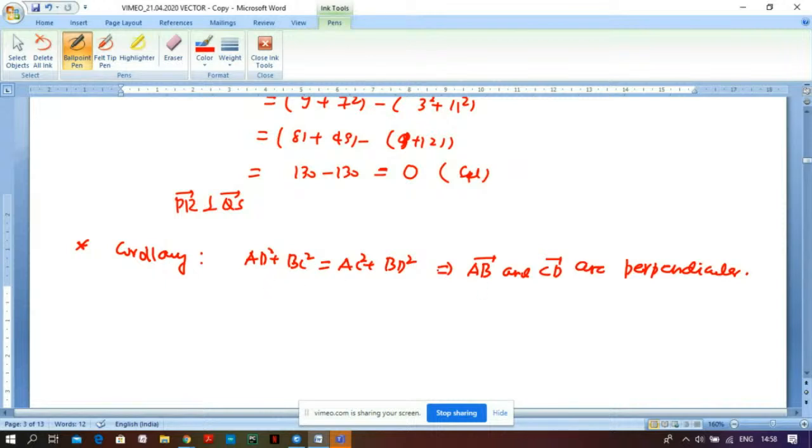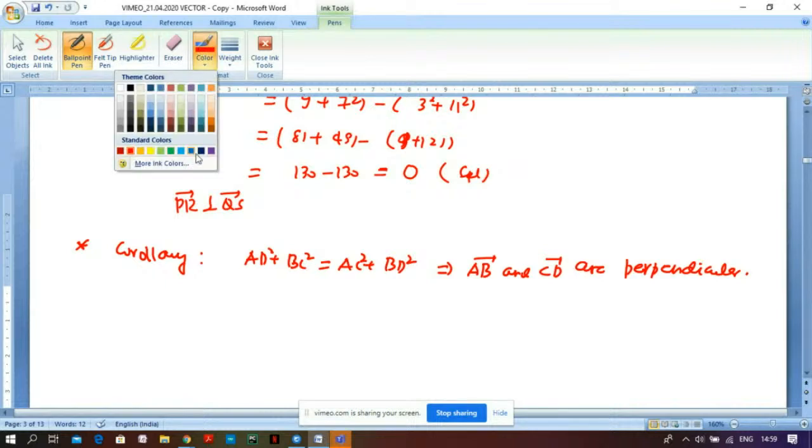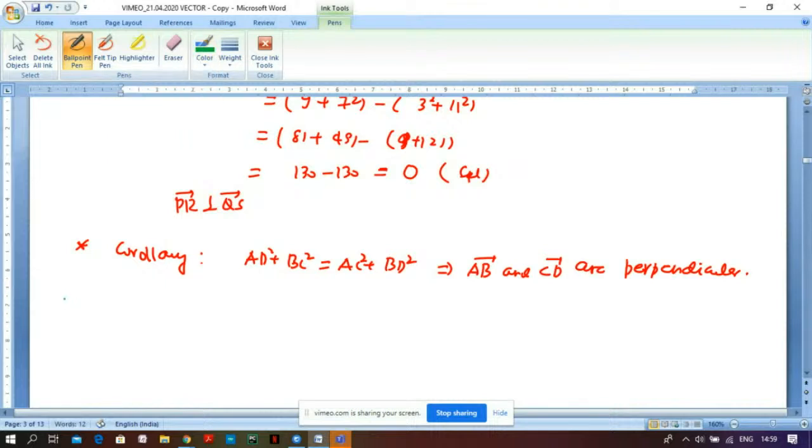Based on this, we can do a good problem that talks of a tetrahedron. You know what a tetrahedron is, so I'll just draw one here. This is A, B, C, and then D somewhere here. So this is tetrahedron ABCD.